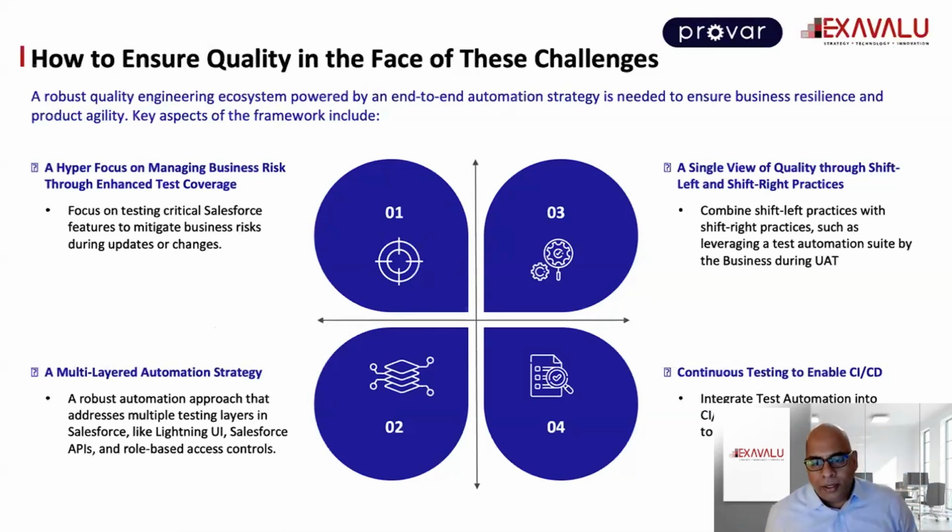We call it shift right and shift left, but I'll primarily focus on the shift left part of it, which is you've got to make sure that business users and your BAs and analysts and even your developers are involved in confirming and validating the test cases that you're going to automate.